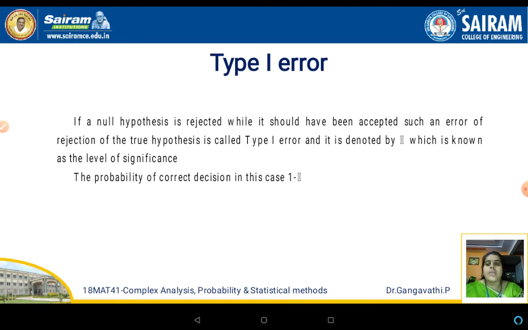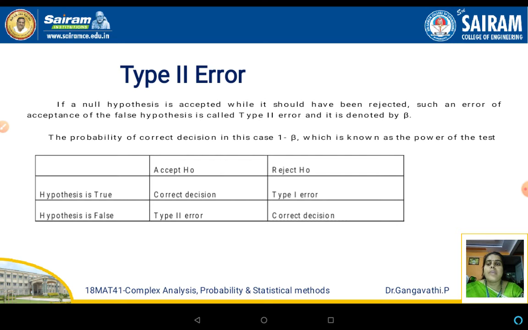If a null hypothesis is rejected while it should have been accepted, such an error of rejection of a true hypothesis is called a type 1 error. It is usually denoted by alpha, which is also known as the level of significance. The probability of a correct decision in this case is 1 minus alpha.